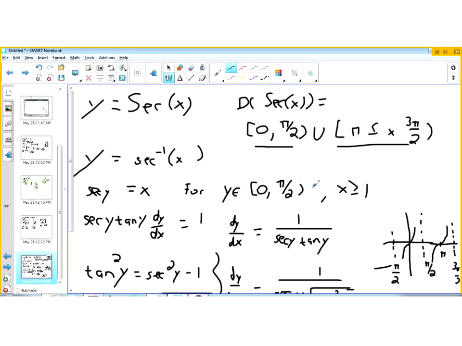So let me see here. Is it worthwhile to go through that exercise to calculate the derivative of the inverse secant function? I think it is. All right, so let's go back to the way I originally had set up but erased for the calculation of the inverse secant function.